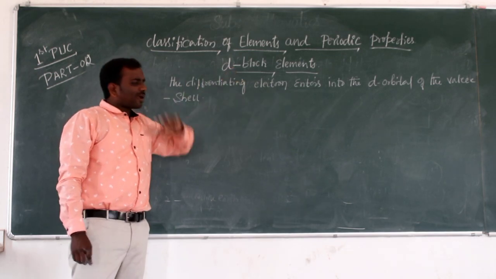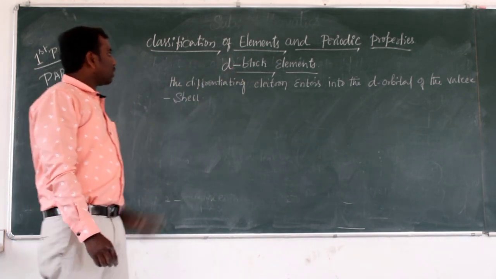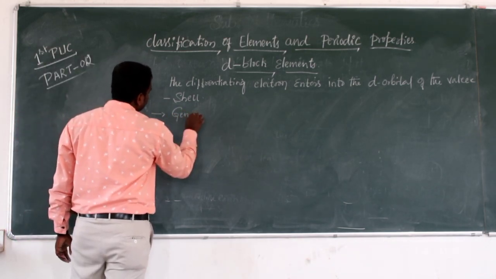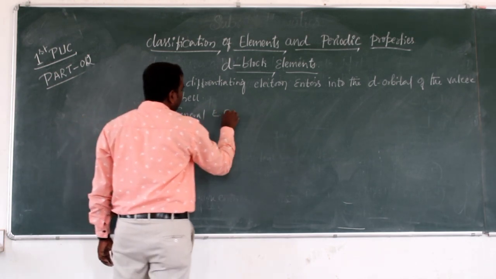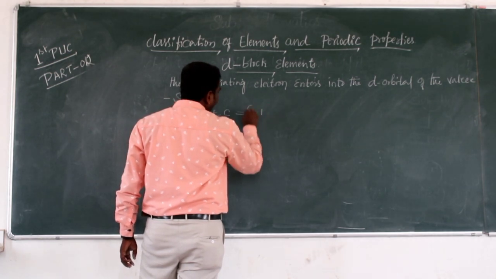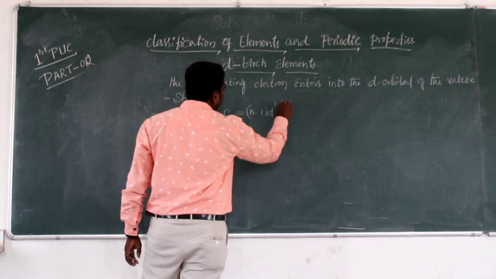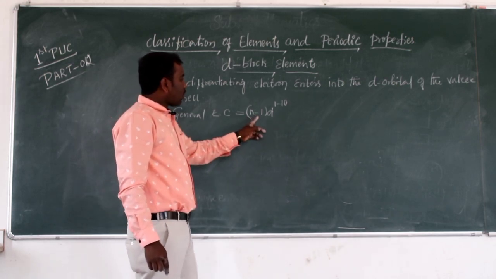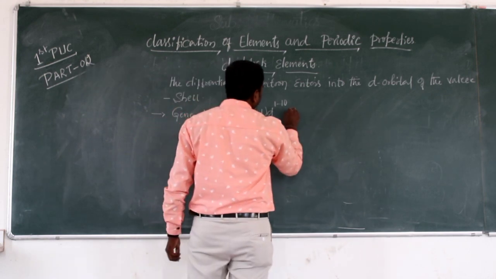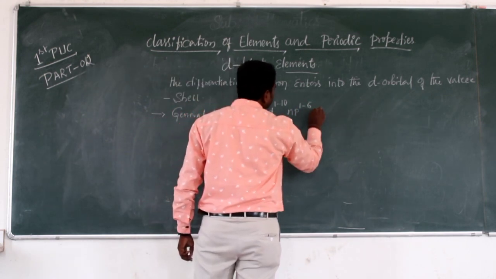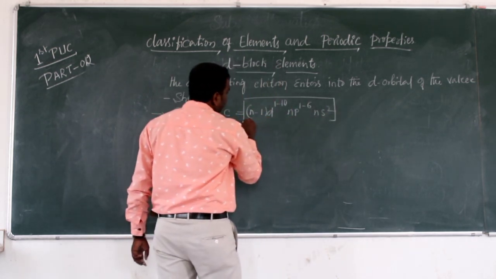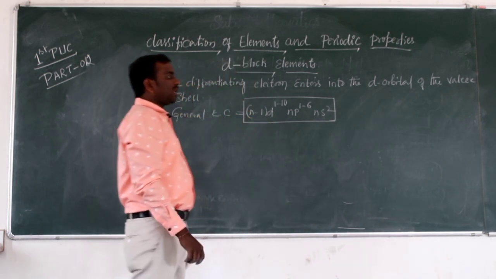What is the general electronic configuration of d block elements? The general electronic configuration of d block elements is (n-1)d 1 to 10, np 1 to 6, ns2. This is the electronic configuration of d block elements.